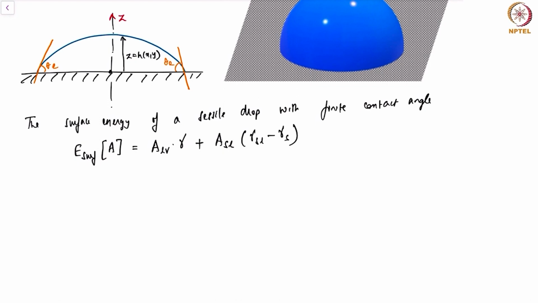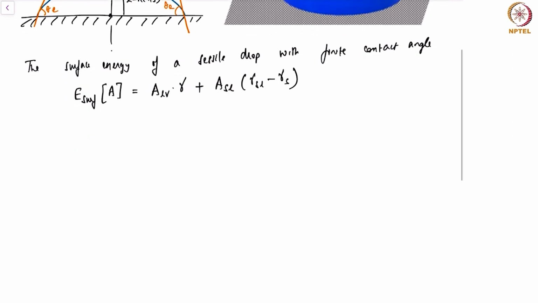Now, how do we proceed further? Now we have written down this expression. The idea is that once we have this equation, we can write down the variational derivative, and we set the variational derivative to 0. But before we do this, we have to write this expression in integral form.